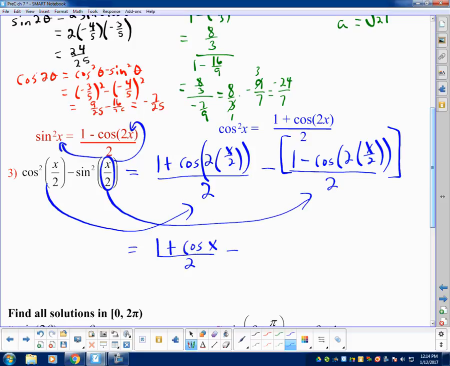It might even be helpful if we go to the next step and write this as 1/2 plus cosine of x over 2 and then distribute the minus sign, right? What I really have here is minus 1 minus cosine x over 2. And when I distribute, I'm going to get a minus 1/2 and a plus cosine x over 2.